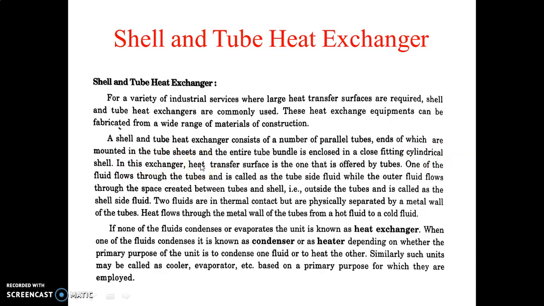So we have parallel tubes, mounted or fixed in a tube sheet, and these tubes, called a tube bundle, are fitted in a cylindrical shell. One fluid flowing through the tubes is called the tube side fluid, and the other flowing outside of the tubes is called the shell side fluid.